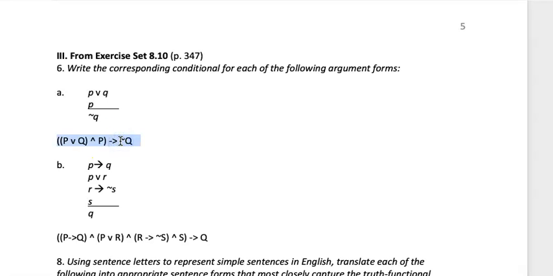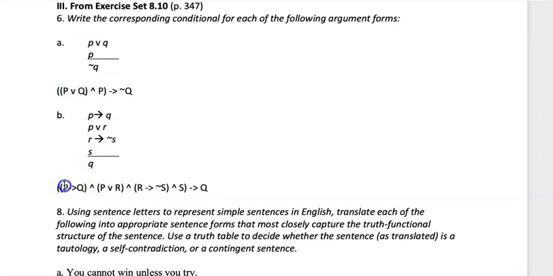Write the corresponding conditional. So this is just teaching you how to use parentheses, basically. You're going to want to take this, put some parentheses over it, and use and to string them together, and then parentheses on the outside, and then Q. You can look at the answers in the back of the book, but it's just trying to teach you that for each premise, you're going to want to put parentheses around it to keep it organized.